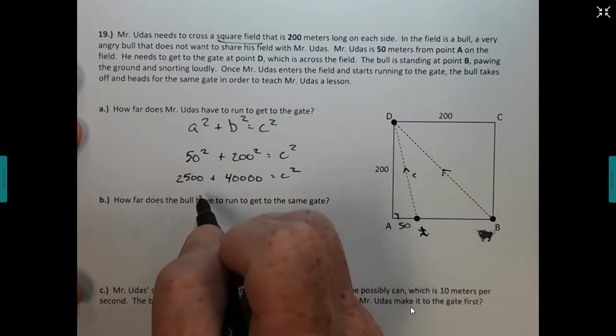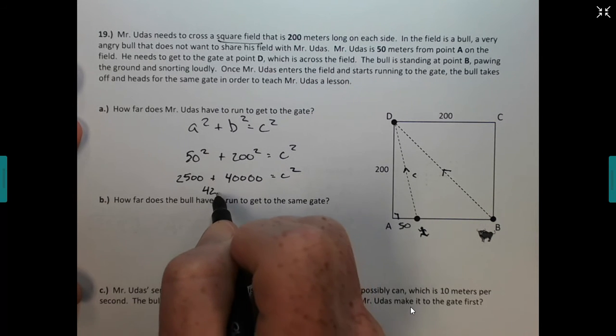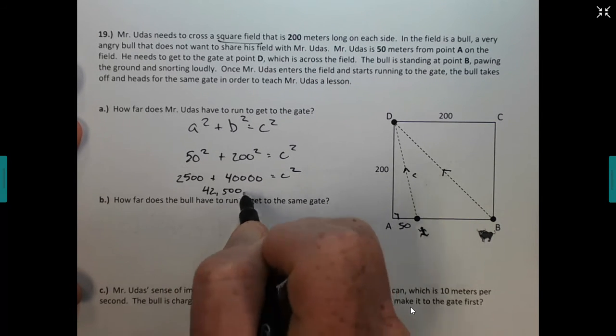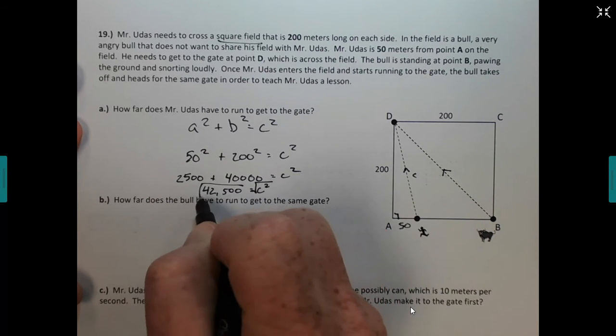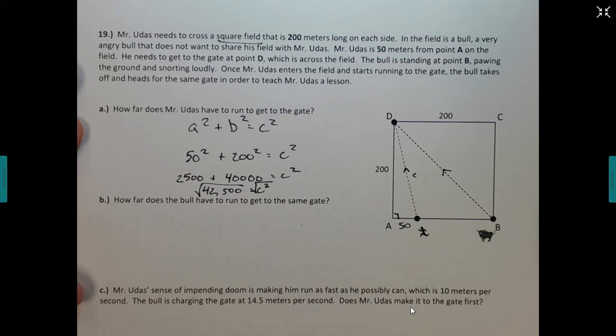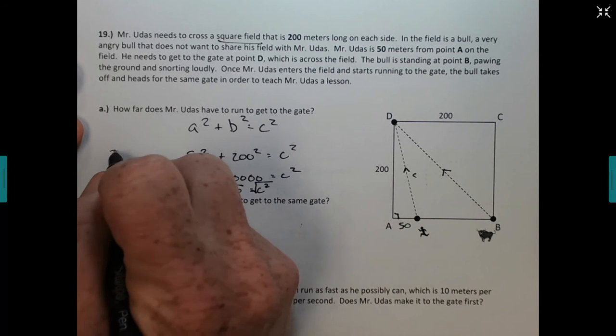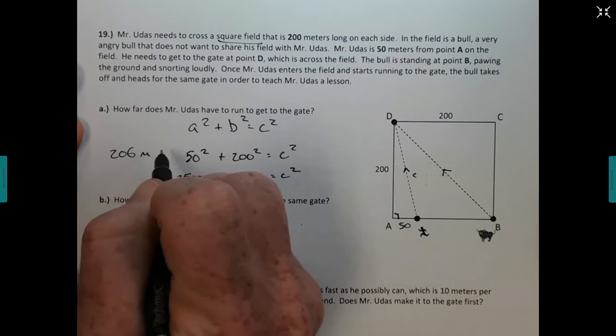If I add those up, I'm going to have 42,500 meters, and I'll need to square root both sides. So let's find out what the square root of 42,500 is. It's about 206 meters, about.